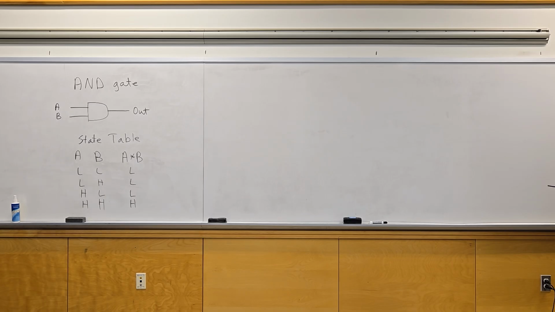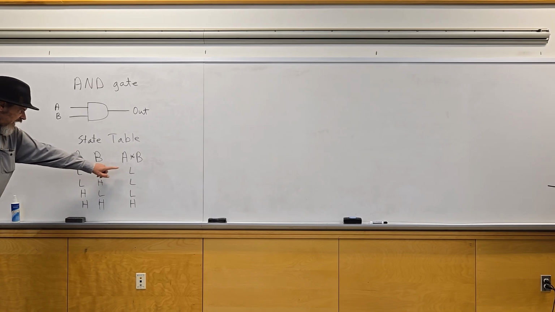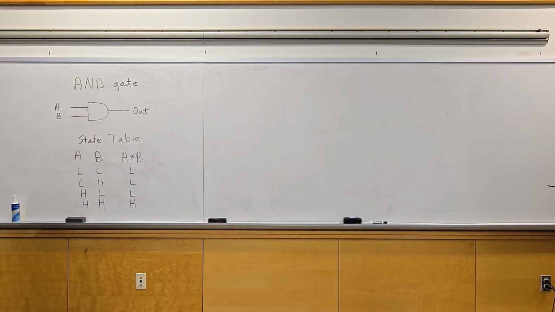So the state table, if the A and B are not both high, the output is going to be low.